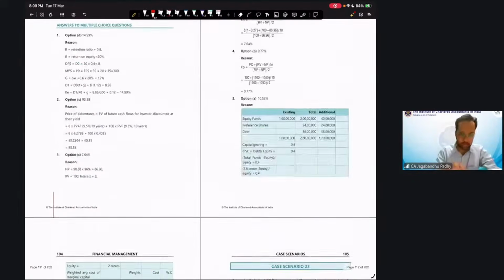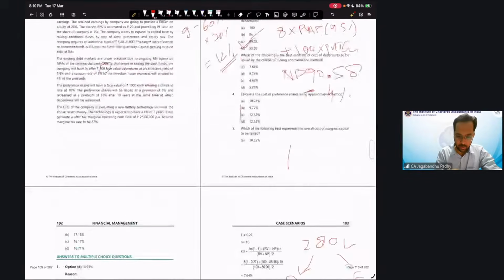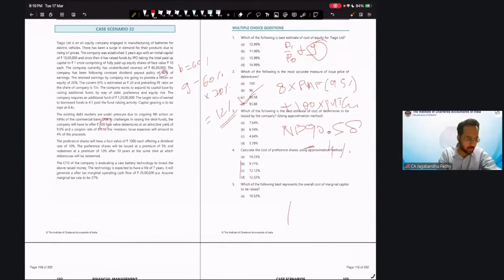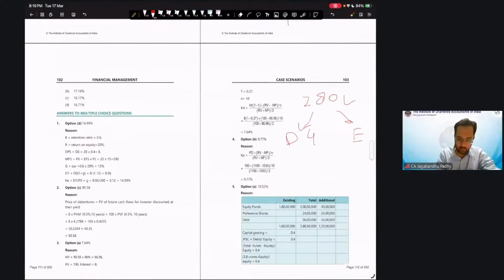So we first look at total, 280 lakhs. Out of this total 280 lakhs, we need debt and equity, and the debt equity ratio is 4:1.